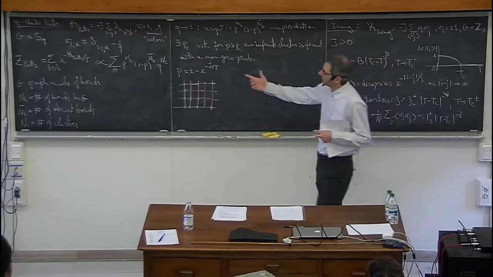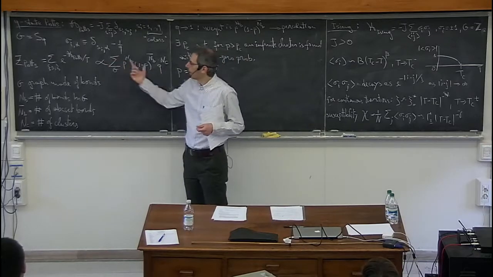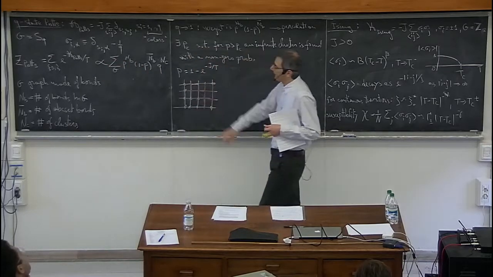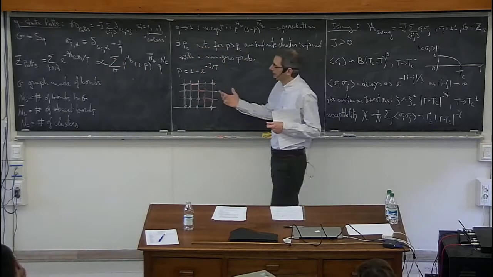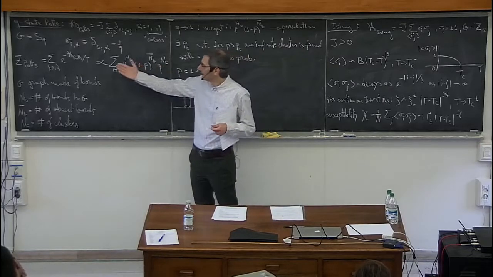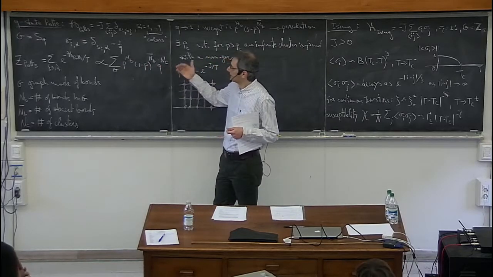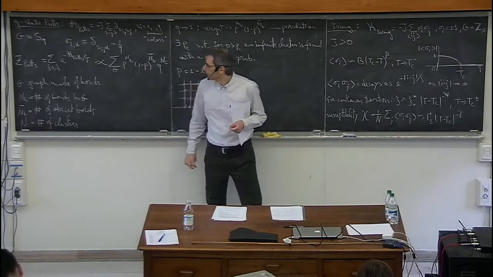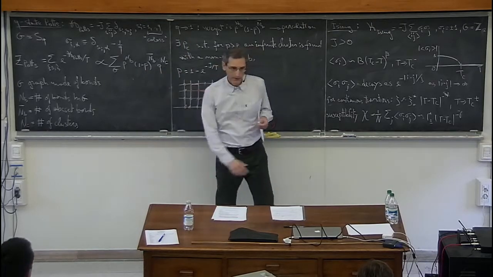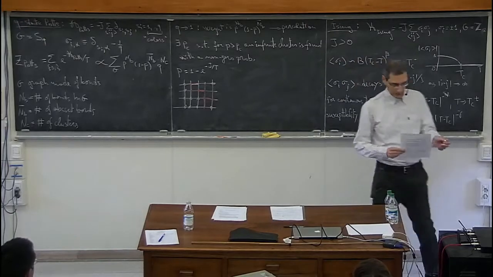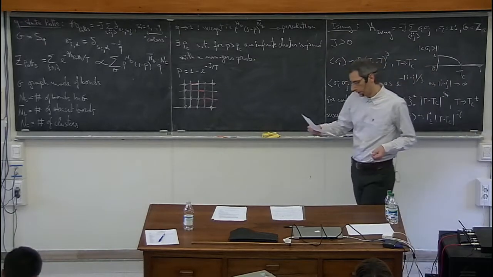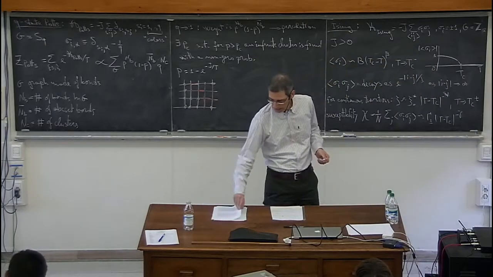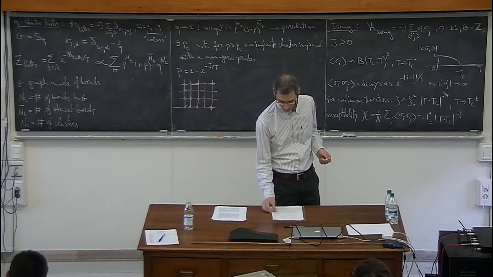But what we are seeing is that through this mapping, the geometric phase transition in percolation can be seen as the limit Q going to 1 of the thermodynamic phase transition of the Q-state Potts model. So this is why we get a handle on percolation.